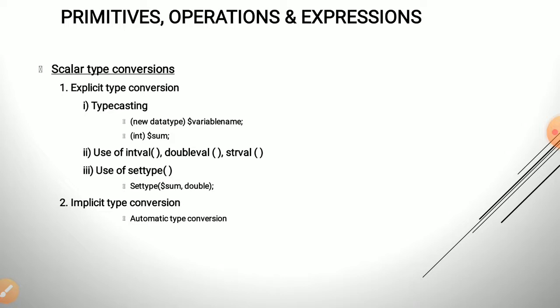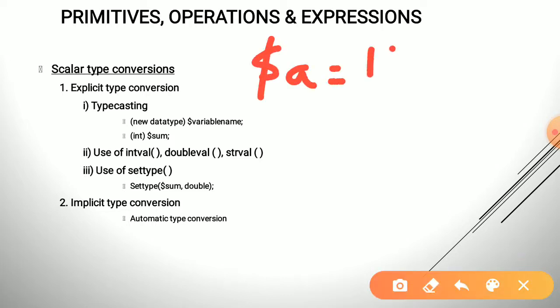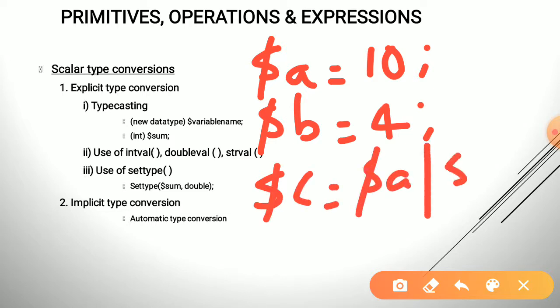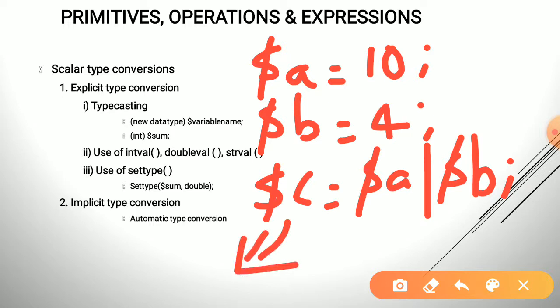One example for this automatic type conversion is, suppose we have a variable $a = 10 and another variable $b = 4, and we divide $a by $b and store the result in variable $c. If you print the value of $c, you will get 2.5.